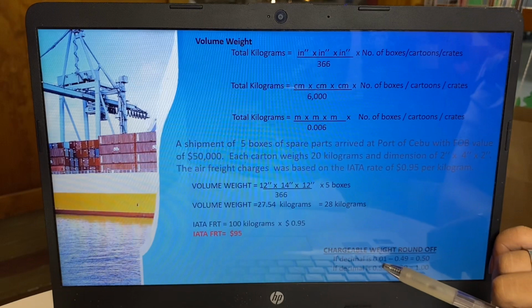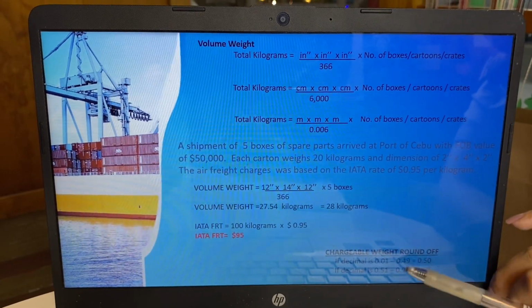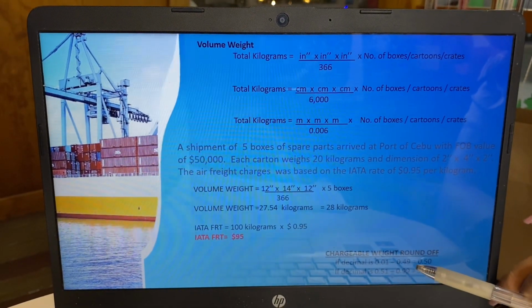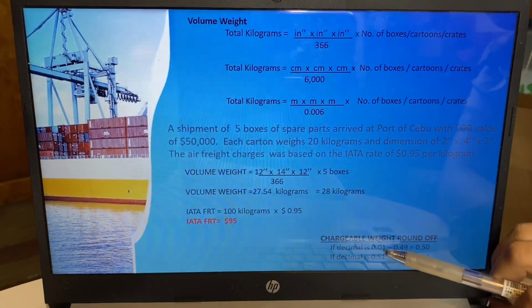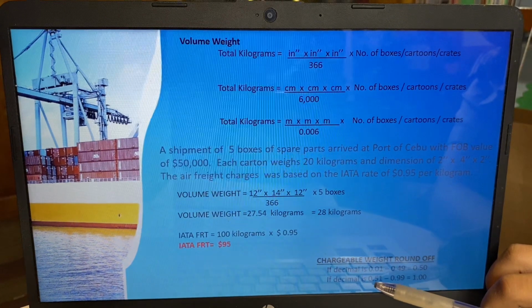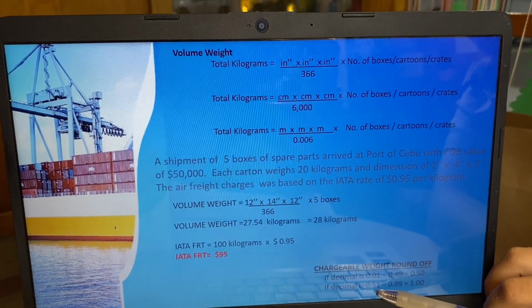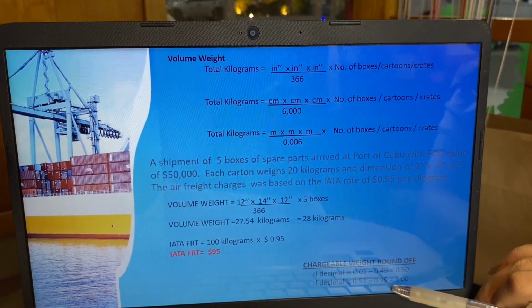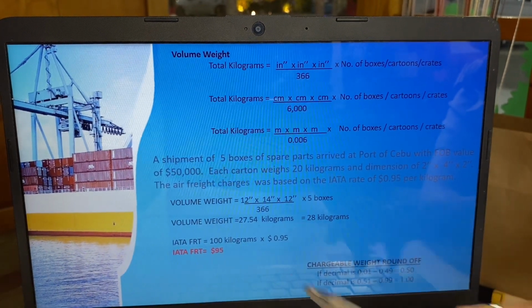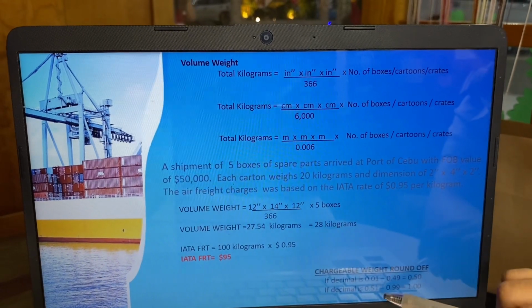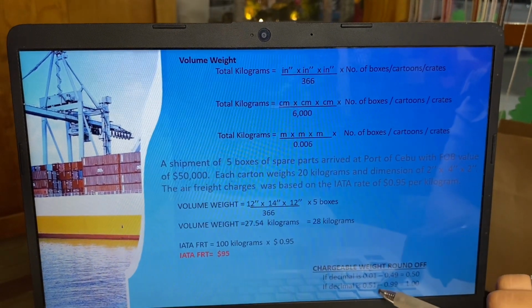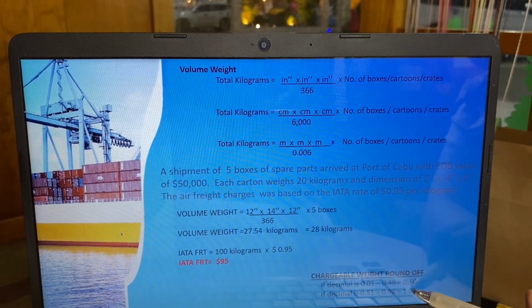One of the rules under the volume weight: if you have a decimal, if the decimal is between 0.01 and 0.49, you're going to round it to 0.50. But if your decimal is between 0.51 and 0.99, you're going to add 1. In this situation, it's 0.54, so it belongs to the last. So you're going to add 1.